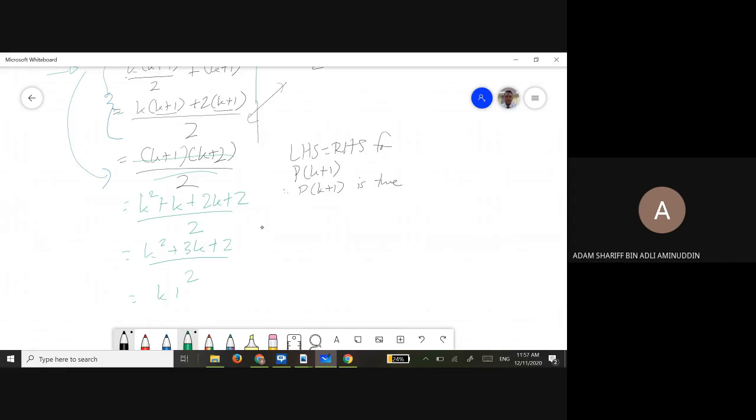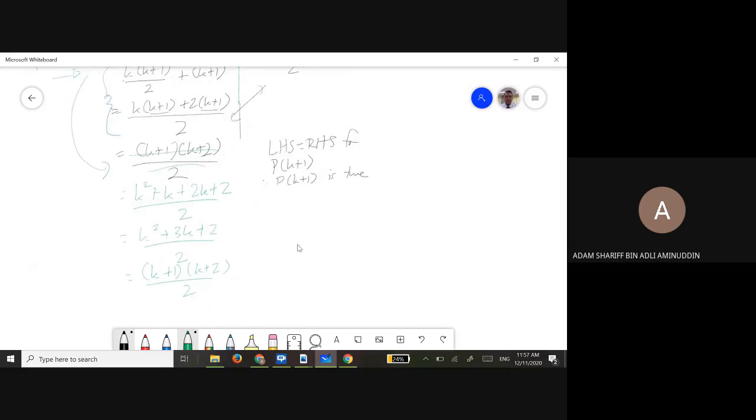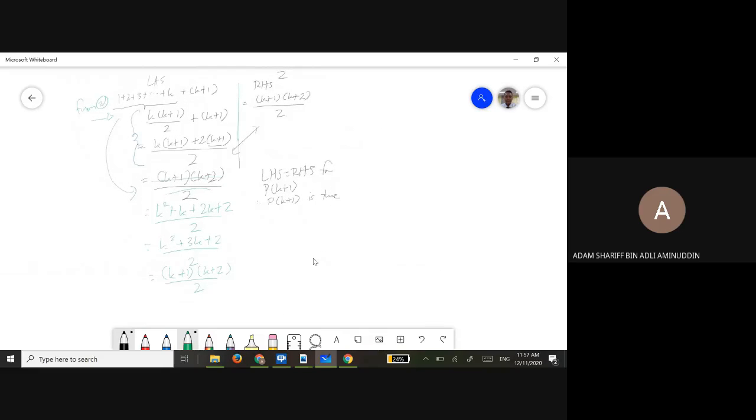Then you k plus 1, k plus 2 over 2. Also can. Asalkan with a valid expansion and factorization, you will show that it is correct. Some of my students who are not very good in factorization, they indeed expand the right hand side.